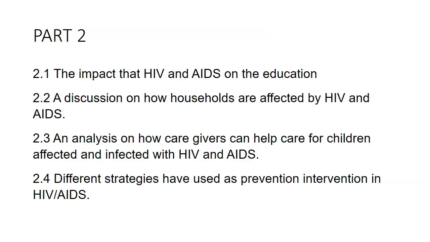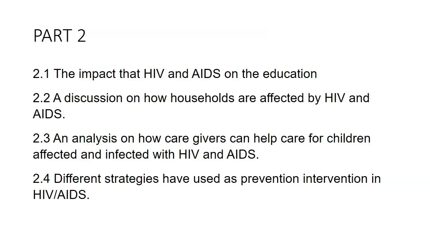For example, we should be able to explain as teachers the effect that HIV and AIDS has on how other children relate to children who are affected or infected with HIV and AIDS. We should also, as teachers, be able to understand that HIV and AIDS plays a very big role in absenteeism in our own classrooms.